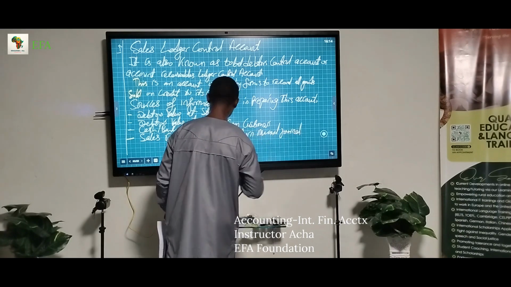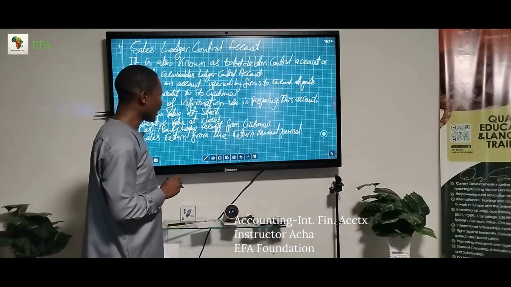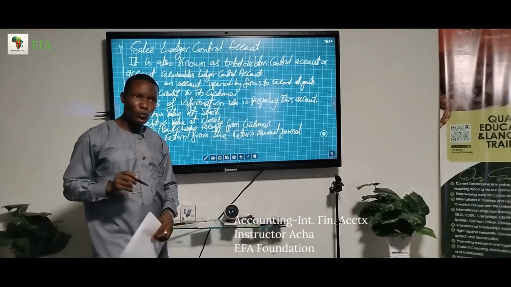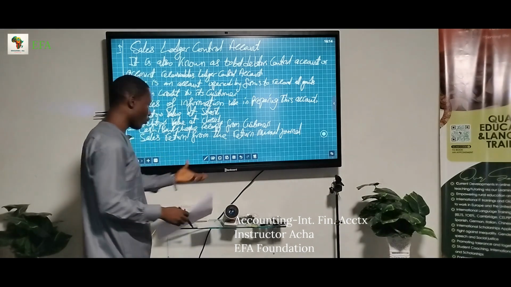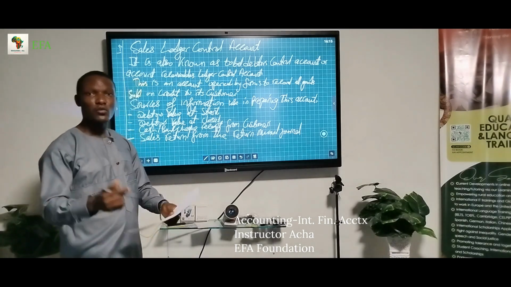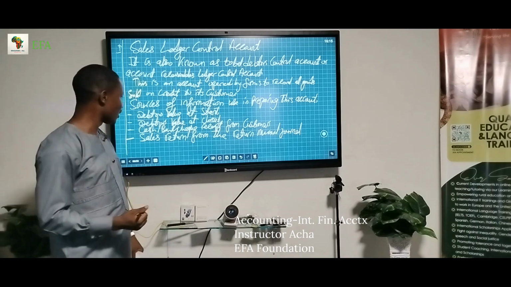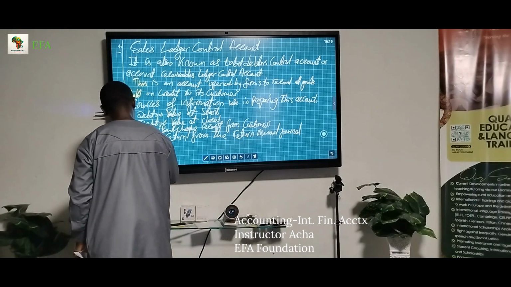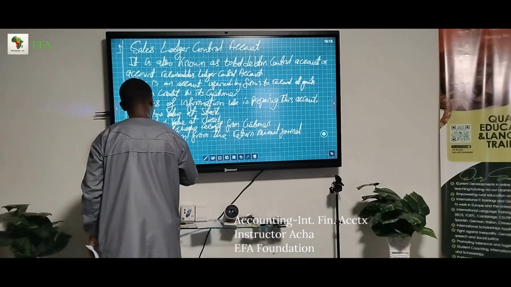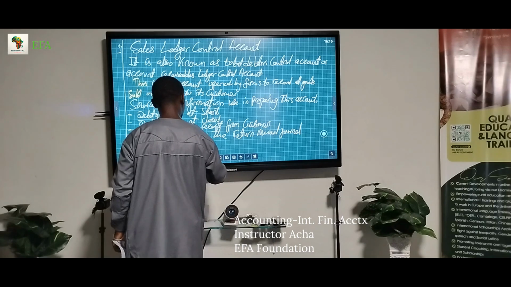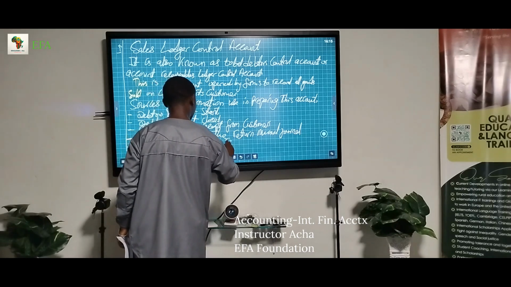And equally, we may not receive only cash or check, but we will also receive bills of exchange as a means of settlement. So we can take a look at bills of exchange received.